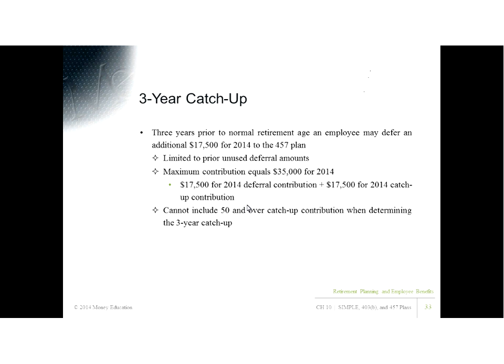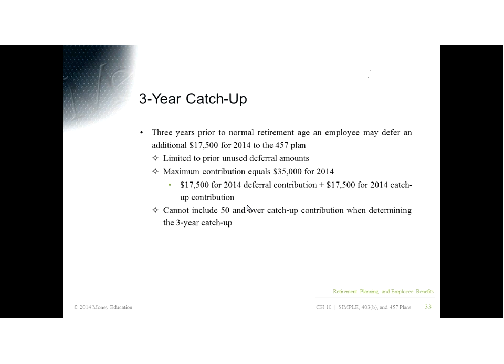Three-year catch-up rule: this is the catch-up for the last 3 years before normal retirement age in the plan document. If it's 65, you can do it at 62, 63, and 64, assuming you retire on your 65th birthday. The catch-up is $17,500, so you can basically double up to $35,000. There is also an age 50 catch-up.